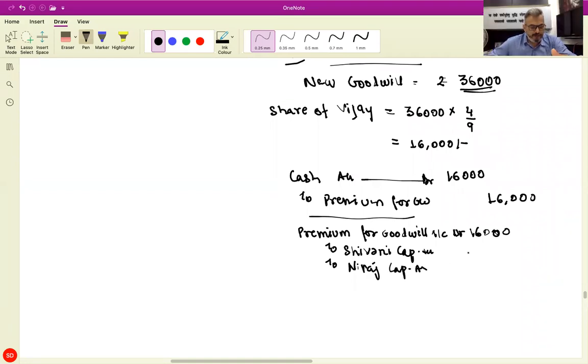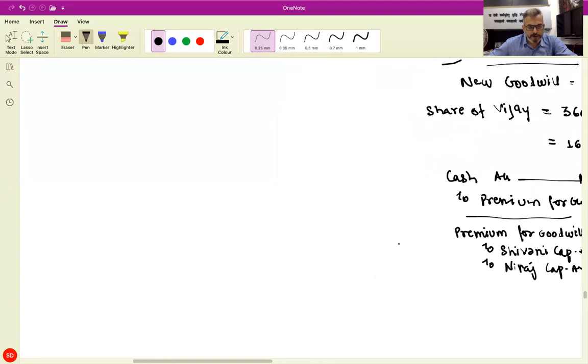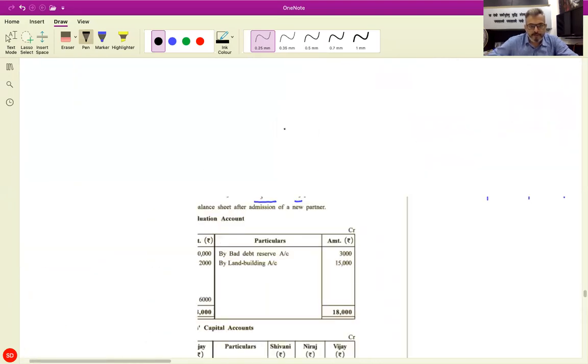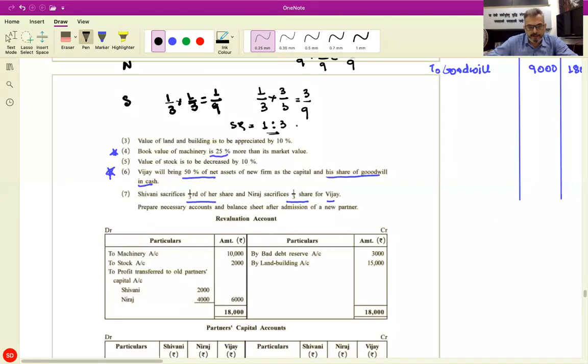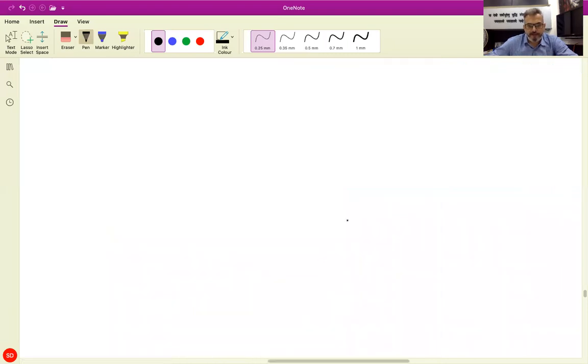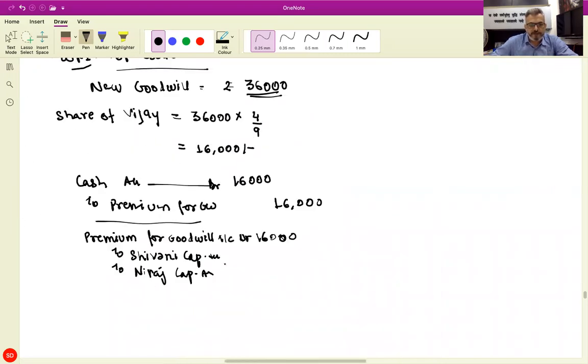Now the sacrifice ratio that we have found out is 1 is to 3. So we go over here: 16,000, 1 is to 3. So 4 fours are 4,000 and 12,000. This is in the sacrifice ratio 1 is to 3.